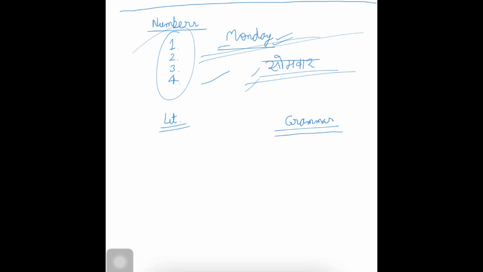Both of these are equally important, because through grammar you will learn the basics of construction, or what the Hindi language really is, and through literature you will understand new words and how to use those words.